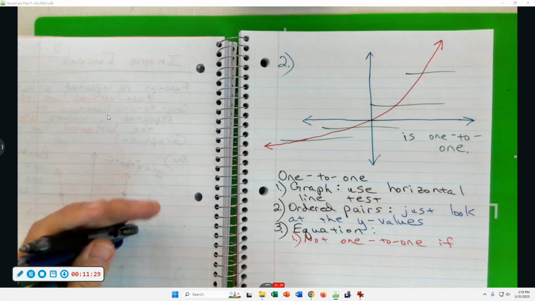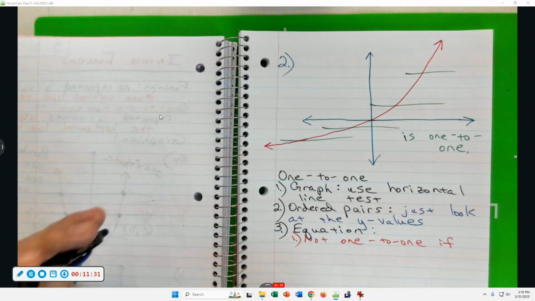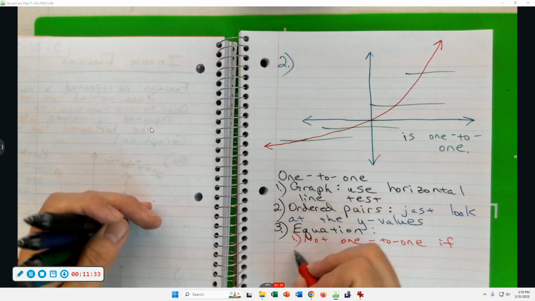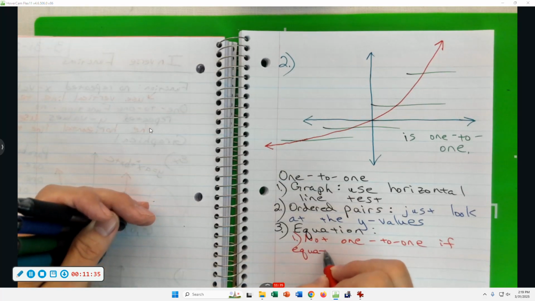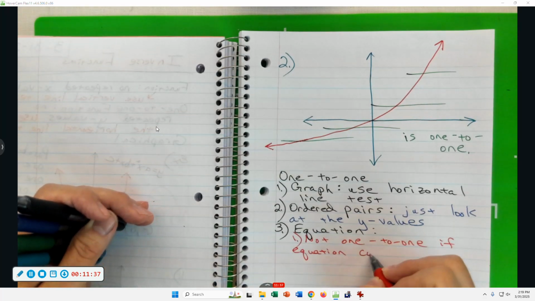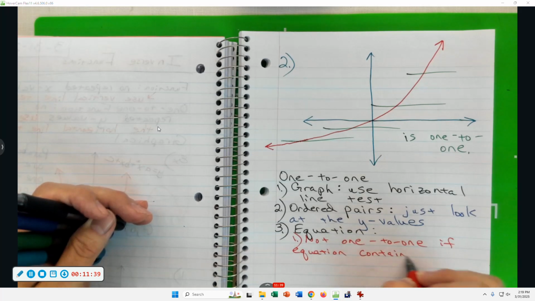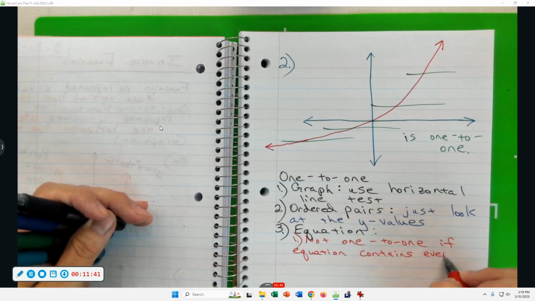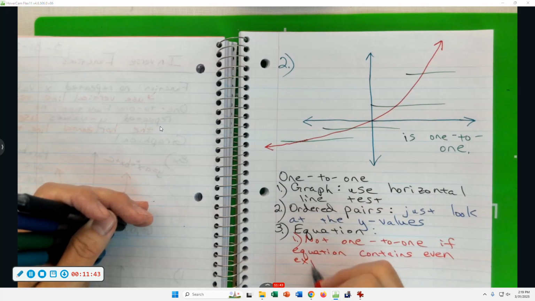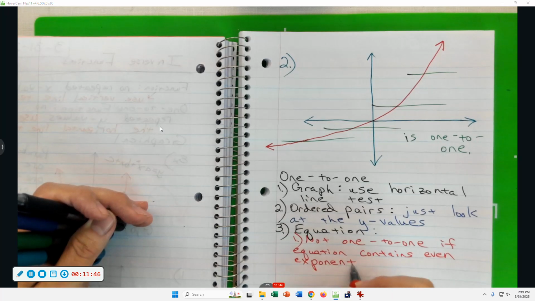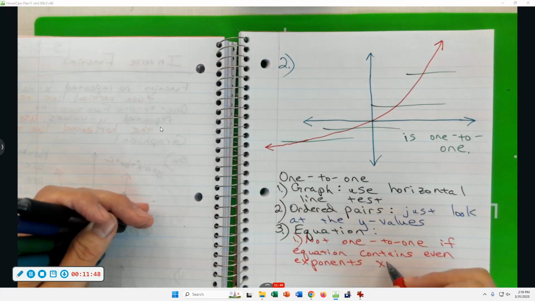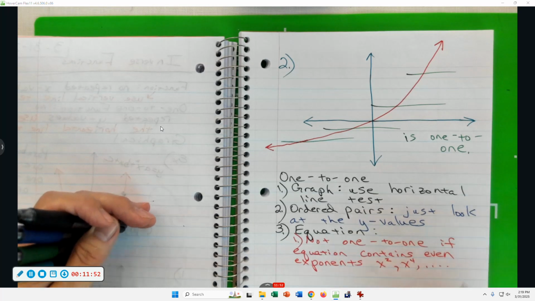If your equation contains even exponents, in particular things like x squared, x to the fourth, and so on, it's not 1-to-1.